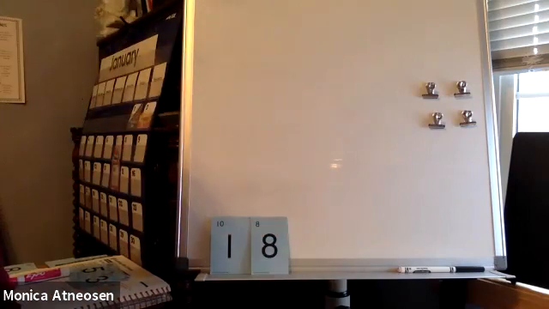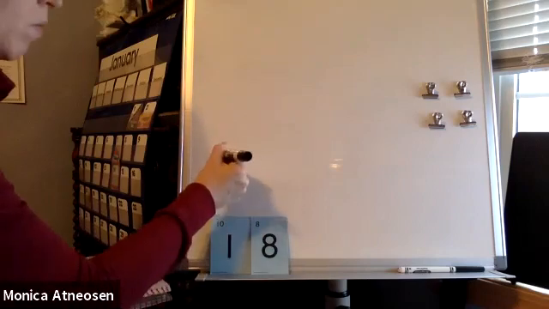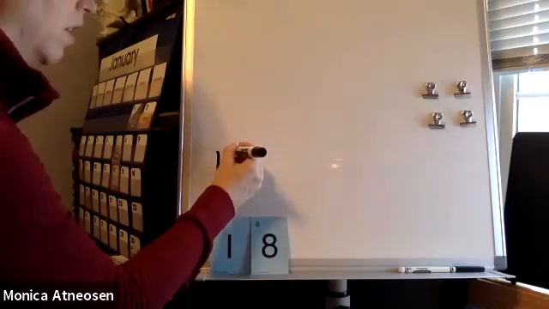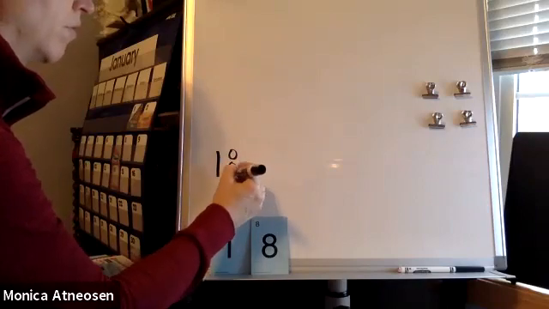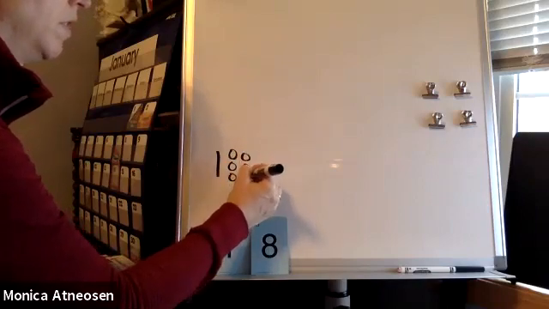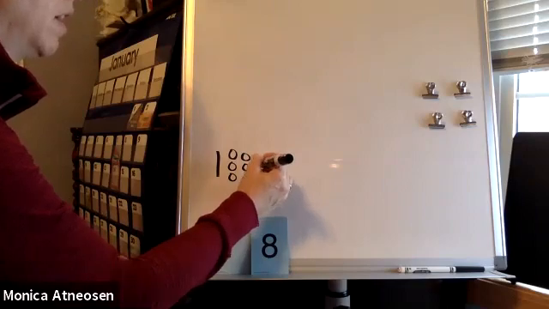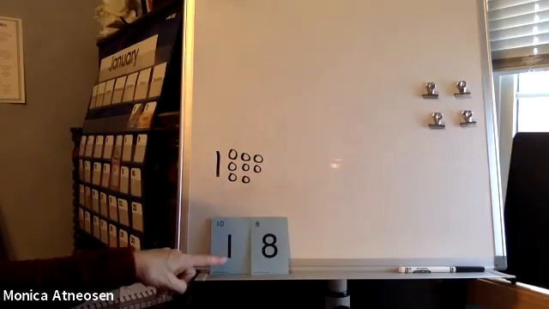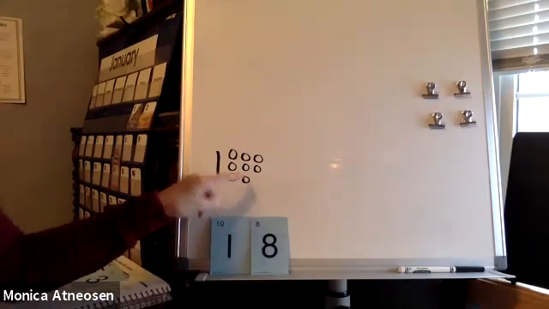We're going to look at it, and I want you to draw it on your whiteboard or your paper, and we would go 10, freeze, 11, 12, 13, 14, 15, 16, 17, 18. Or we could think about it the other way. In the first number, the tens, we have one group of 10 or one stick and 8 ones.